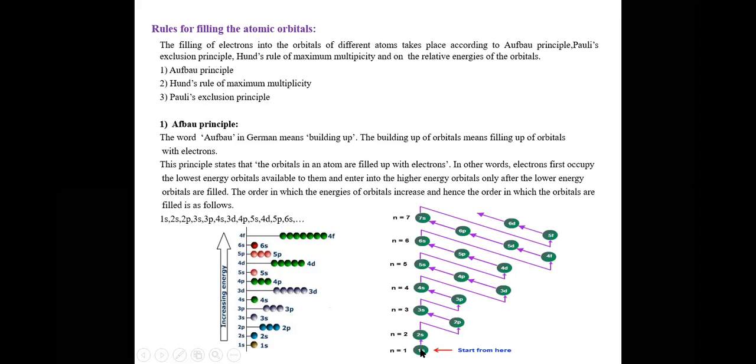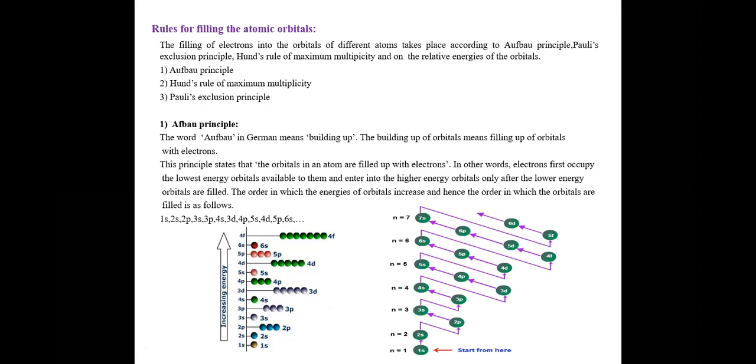First you have to fill the 1s atomic orbital, then go for the 2s atomic orbital, then 2p, 3s, 3p, 4s, then move to 3d, 4p, 5s, then 4d, then 5p, 6s, 4f, 5d, 6p, 7s, then after 7s you will come across 5f, 6d. In this way you have to fill the orbitals.